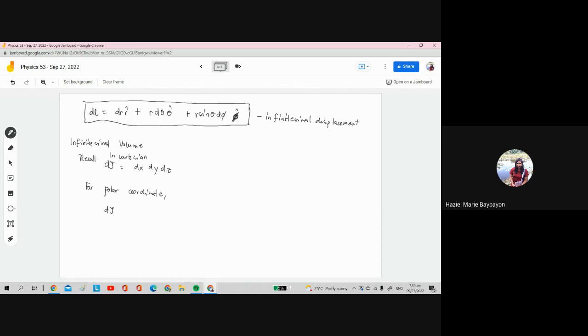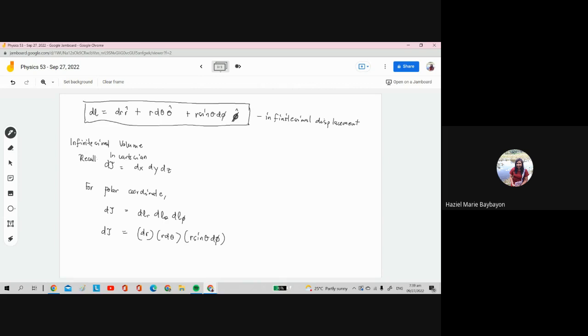your d tau is equal to dlr multiplied by dl theta multiplied by dl phi. Okay, so this is equal to dr multiplied by r d theta, and then r sine theta d phi.